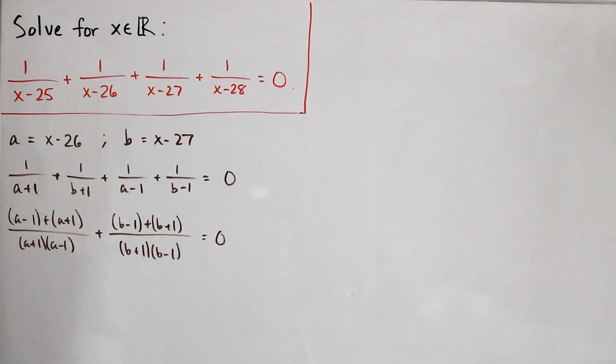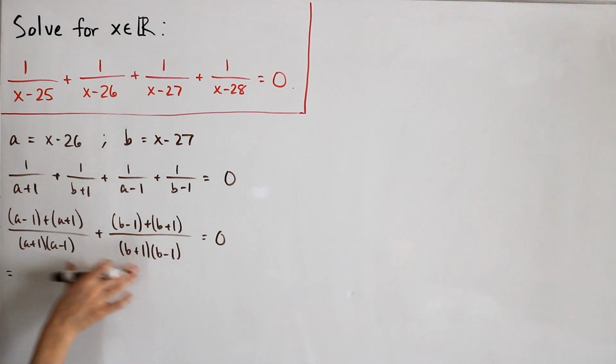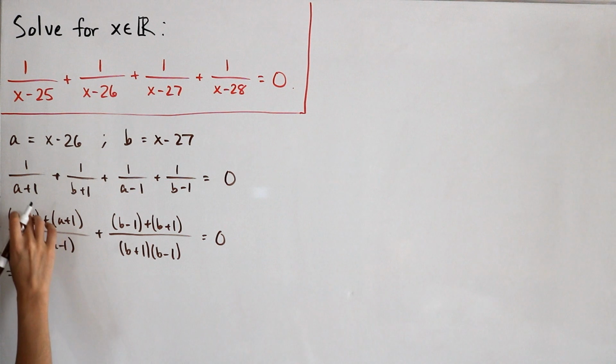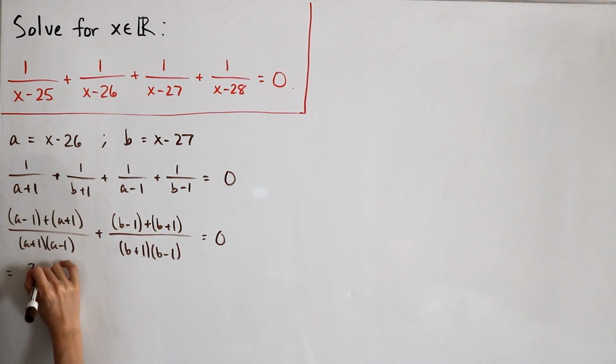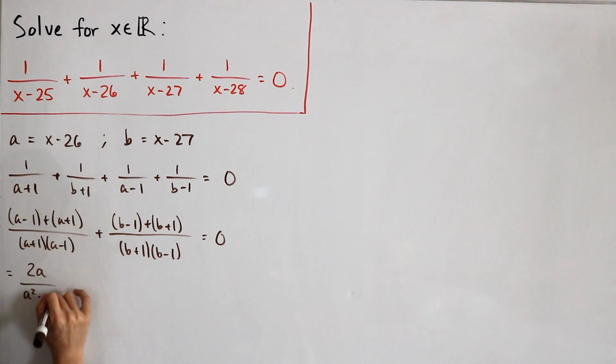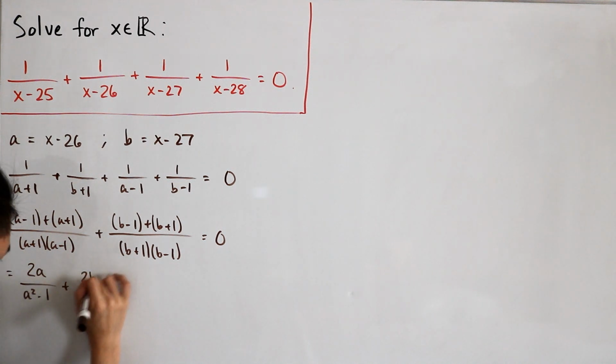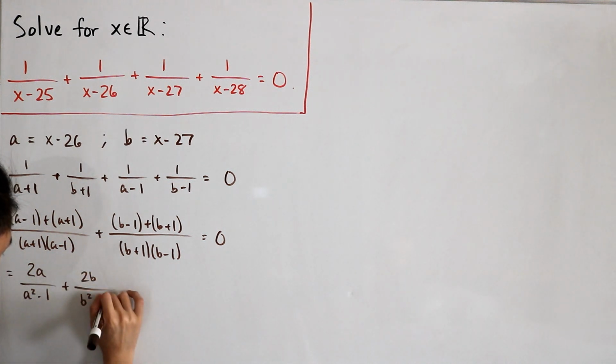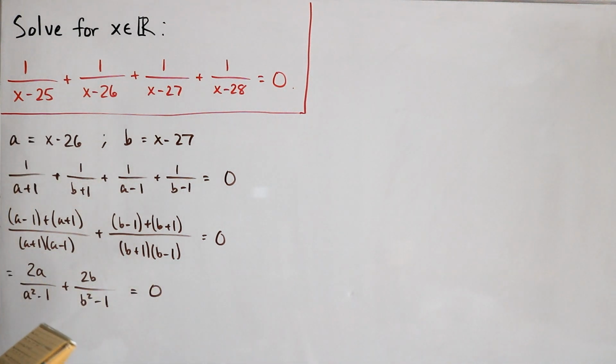Simplifying, the denominators are both just a difference of squares, and you just add the terms together. So we have 2a divided by a squared minus 1, added with 2b divided by b squared minus 1, set equal to 0. Continuing, we do a common denominator a second time, multiply both sides and get 0, and with the cross multiply we're no longer dealing with rational functions.